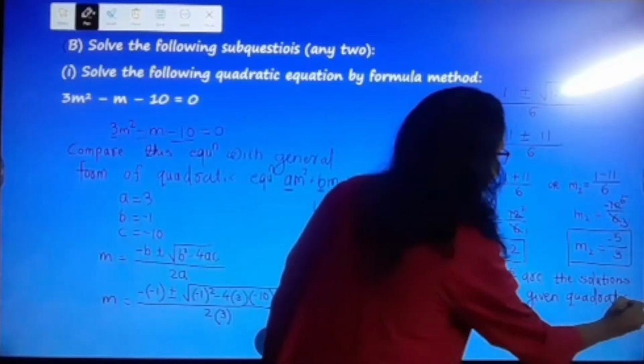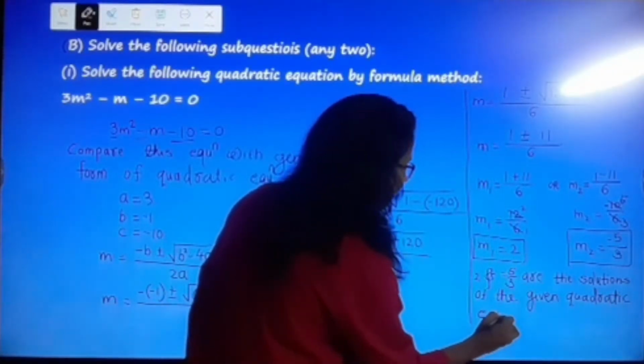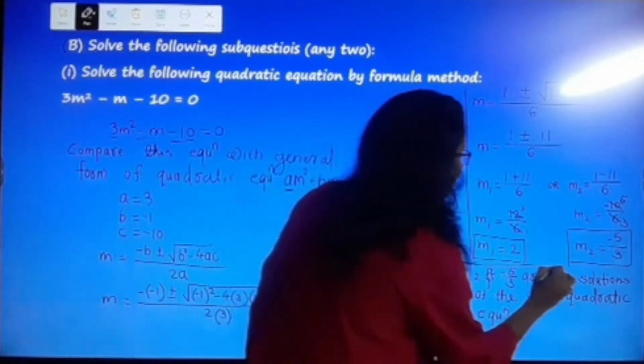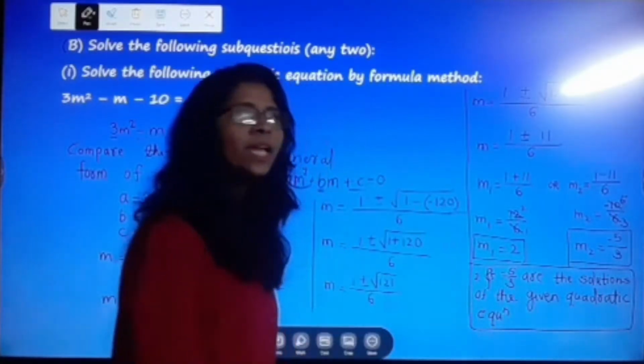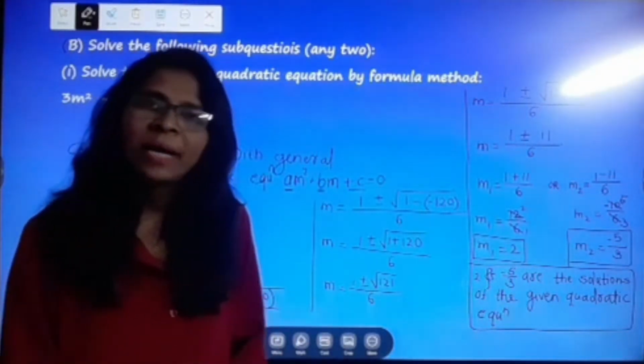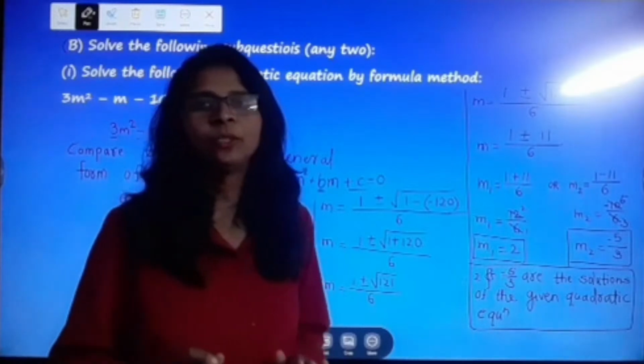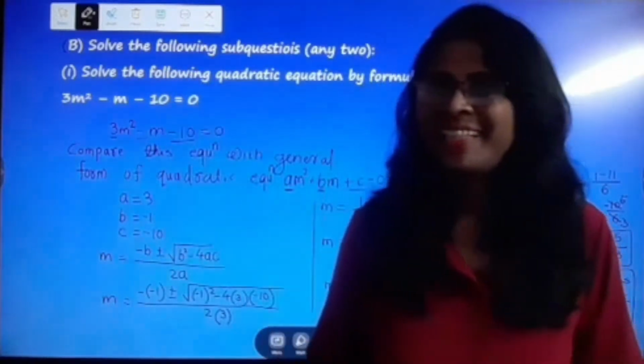Okay students, of the given quadratic equation. Such a way you can solve it. Okay, step by step, very systematically you have to do these examples.